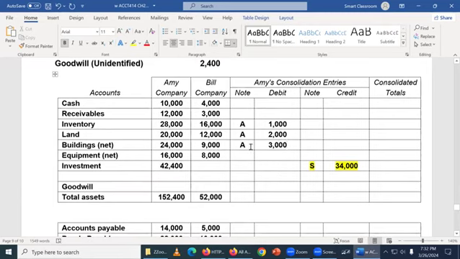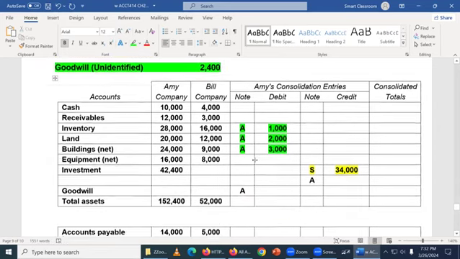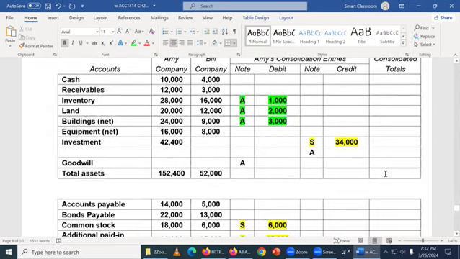And we have one more asset. I'm missing an asset. What is it? Yep. Goodwill. We're gonna put goodwill on the books now. And it was for 2,400. It's an asset. And now we're gonna show it separately from the investment account as an asset.